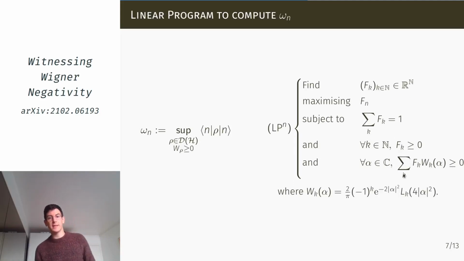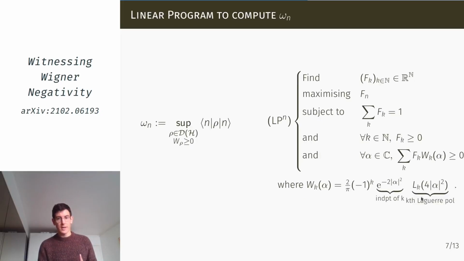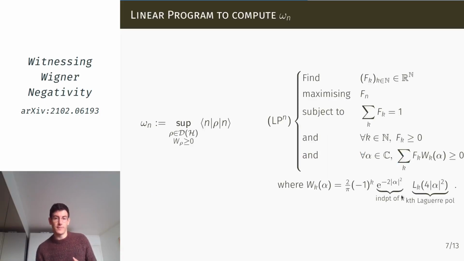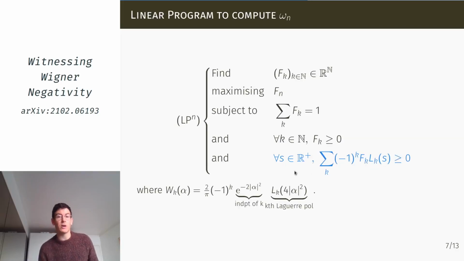So W_k is this. You see that you have an exponential which doesn't depend on k and only depends on the amplitude of alpha, and you have the kth Laguerre polynomial which also depends only on the amplitude of alpha. So basically you can replace this constraint, which is a constraint on all alpha, by a constraint on r plus, because it only depends on the amplitude of alpha.